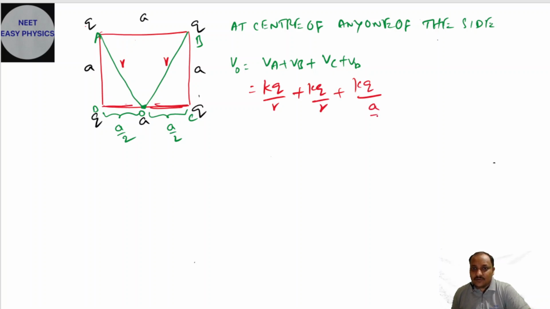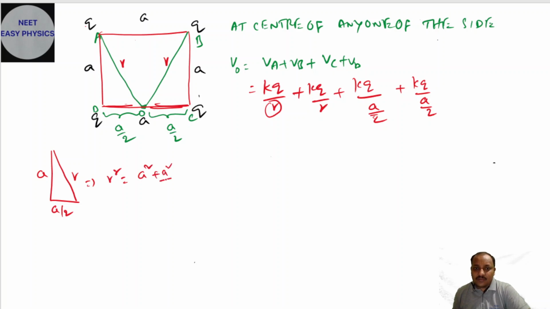This distance is going to be A by 2, this is also A by 2. So now we have to calculate r, just by using this triangle. This is a by 2, r. So r square equals a square plus a square by 4. So how much will we get? 5a square by 4.